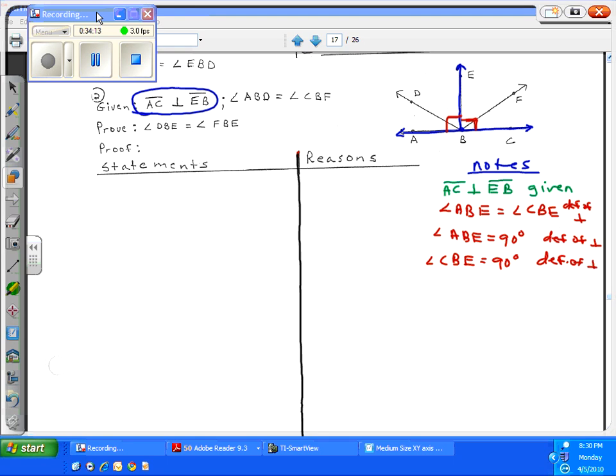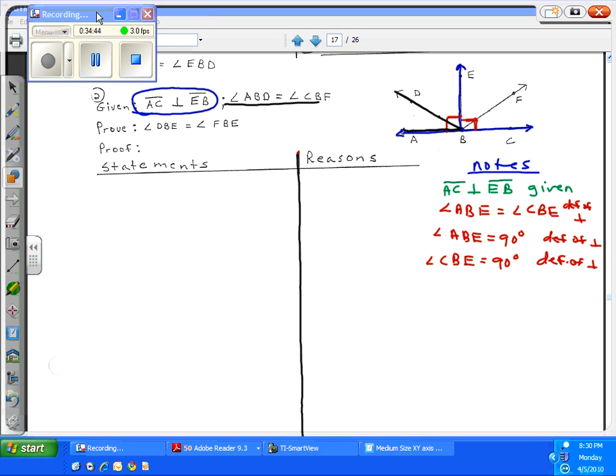We could say that angle CBE is equal to 90 degrees by the same reason, definition of perpendicular. And that's about all we can conclude out of that given statement. There's stuff out of the picture we can conclude, but not from that given statement.